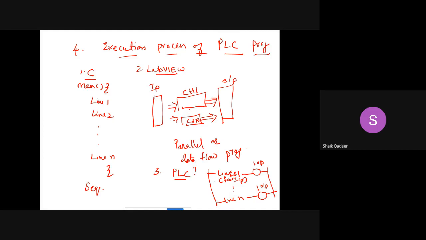The program executes in this way: left to right, top to bottom, and finally, last to first.